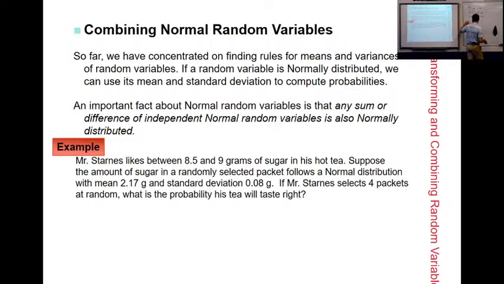The mean of T, well, the mean was 2.17. And so since it's combining these 4 different variables, it's going to be the sum of those means.